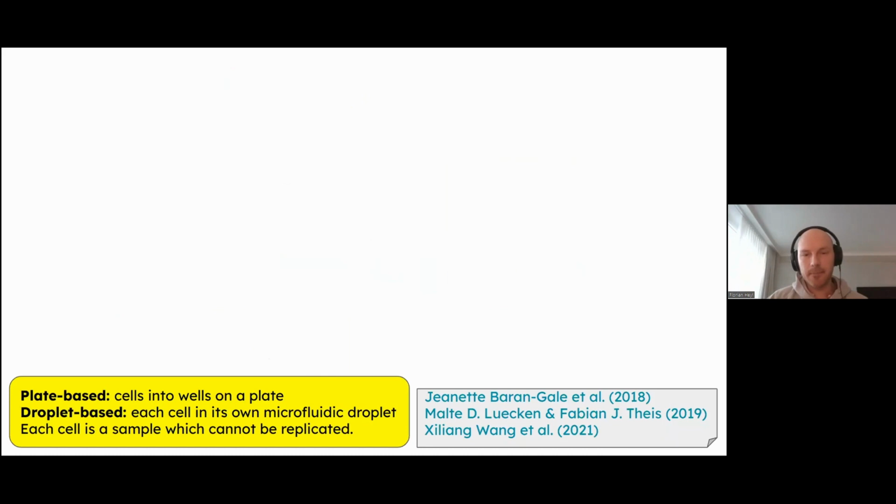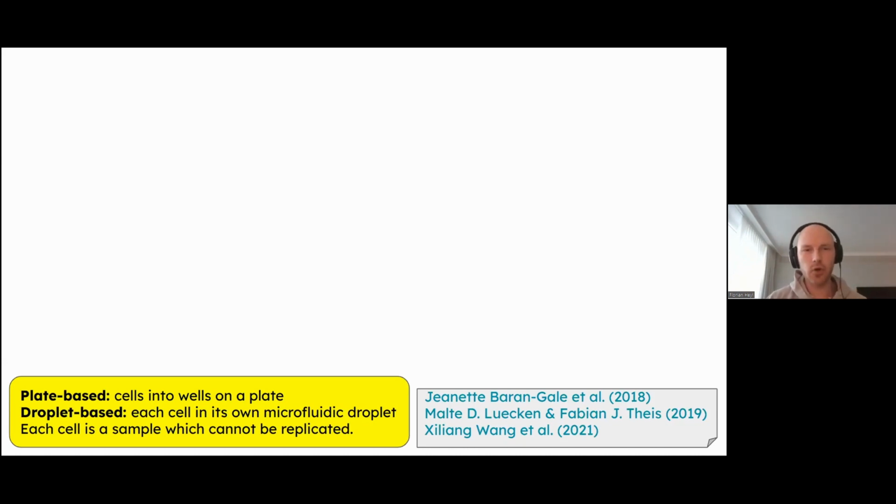Okay, let's come to single cell experiments. So how do I now perform a single cell experiment? Nowadays you have two very prominent techniques. One is a droplet-based technique. Most common or well-known is the 10x Genomics.